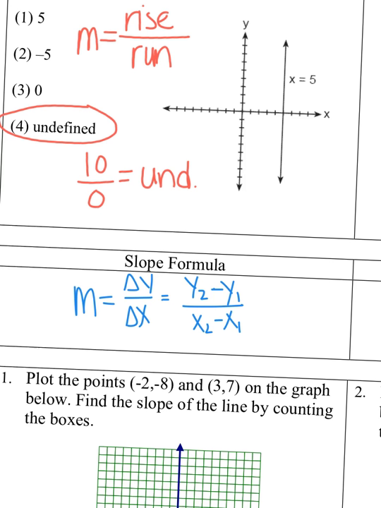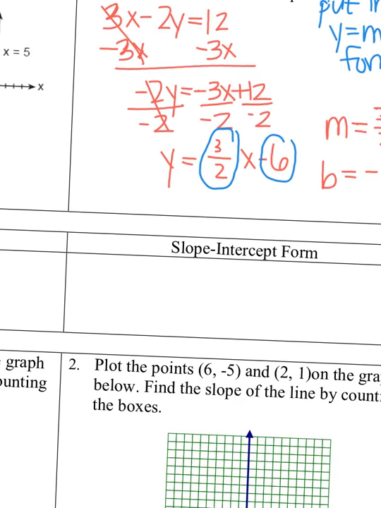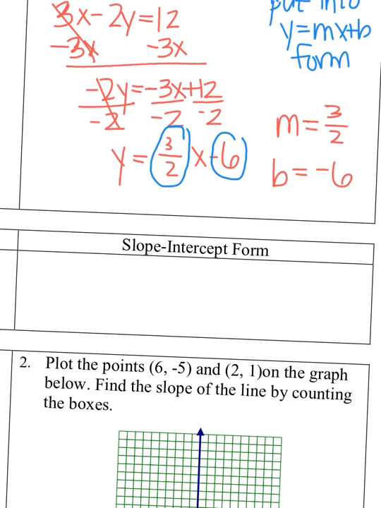Now, when I asked you to do this on the do now the other day, a lot of people wrote y equals mx plus b, which is actually our slope-intercept form. One is a formula, one is a form, and the difference is that a form is a way to write an equation. Our equations are linear equations.